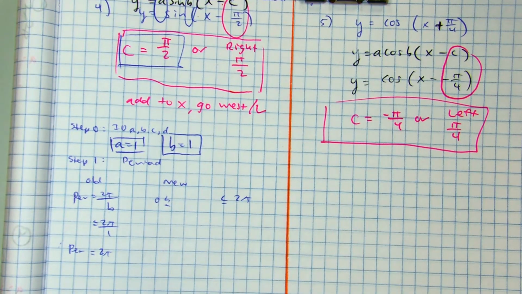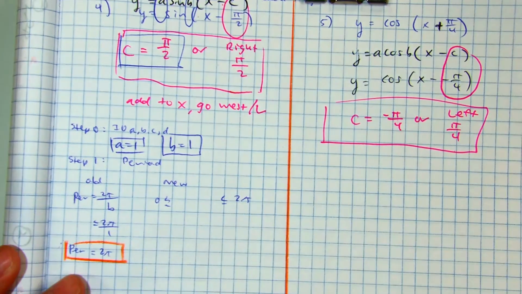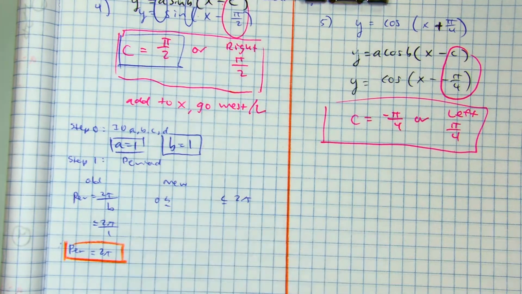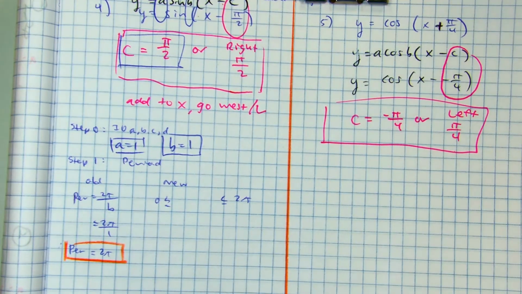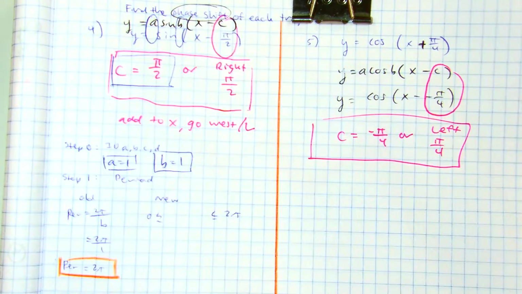Let me use a color. Orange. Okay, this is the new part. So we have a phase shift because we see parentheses, and you have a C value.